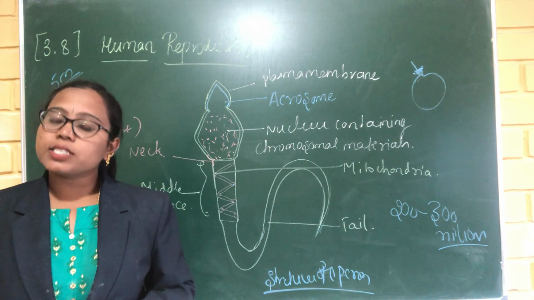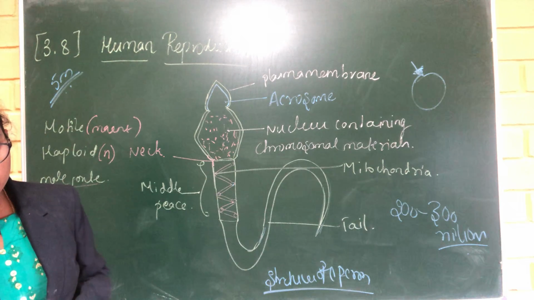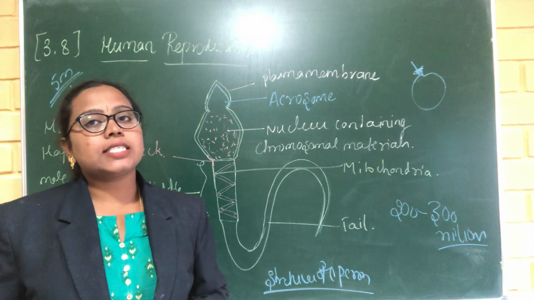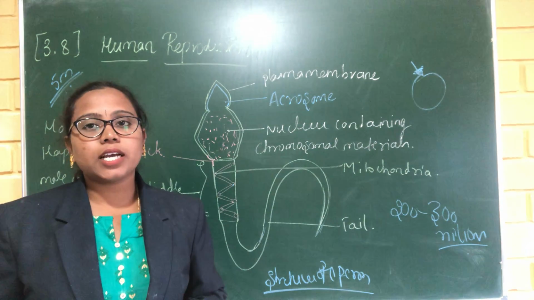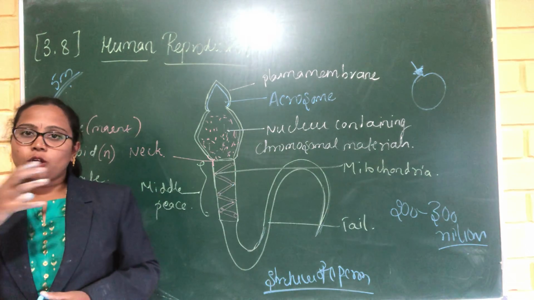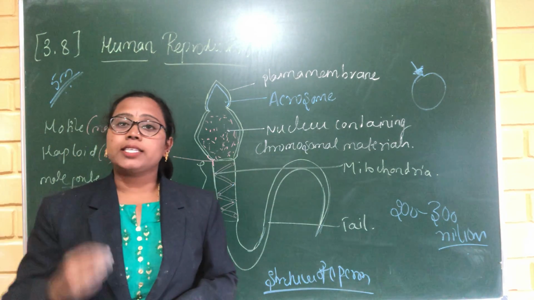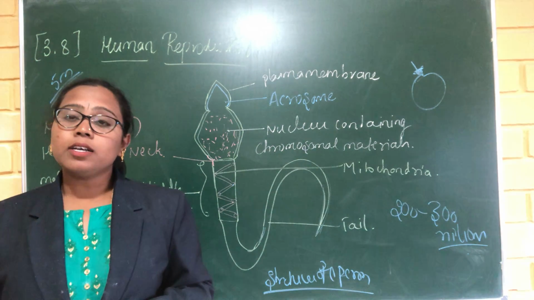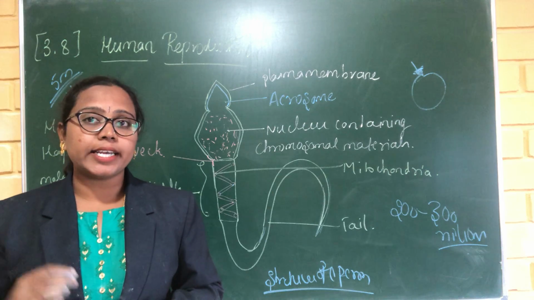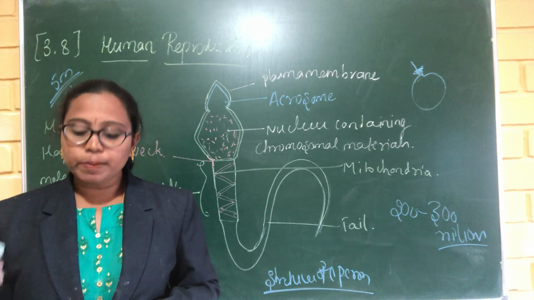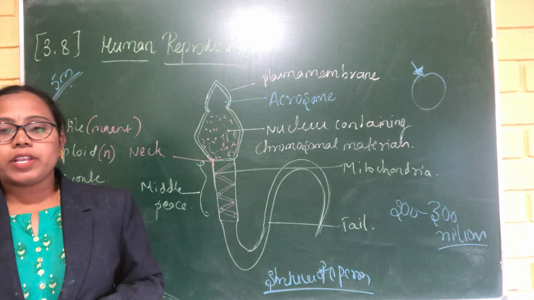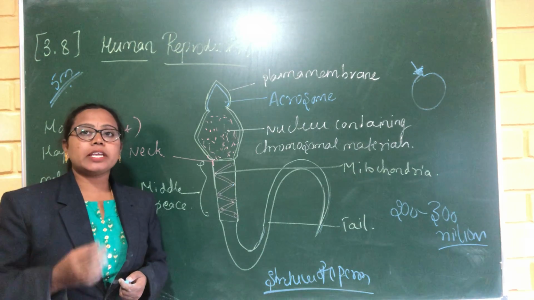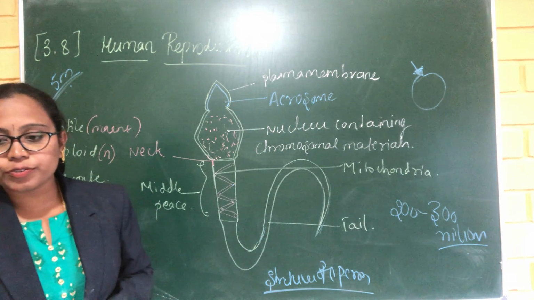Then the secretions of the epididymis, vas deferens, seminal vesicle and prostate gland, which are all accessory glands, are added. These secretions are very essential for the maturation and motility of the sperm.